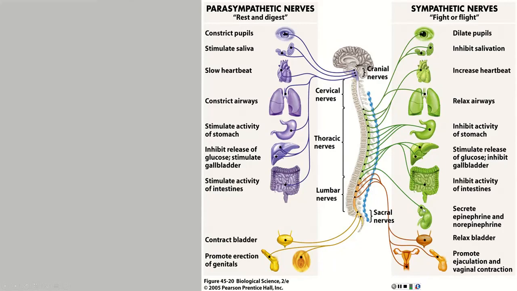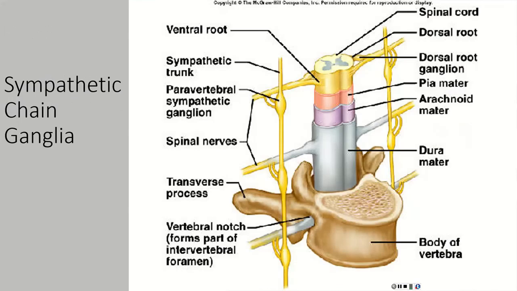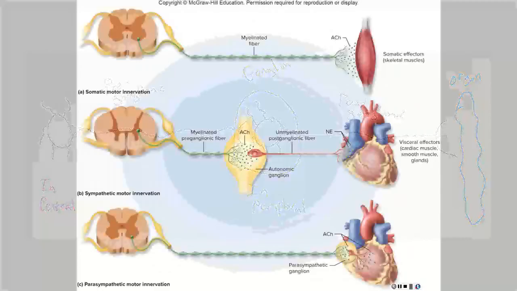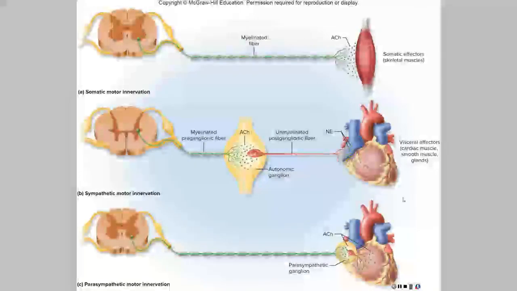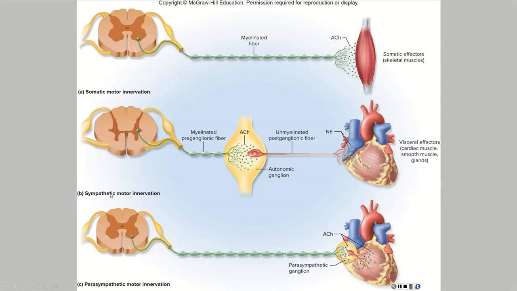The adrenal gland is in place of that ganglion. Let's go back to our picture here. In one part of the sympathetic nervous system, we have a neuron that comes out and there is no ganglion. Here, where this ganglion is, we have an adrenal gland.